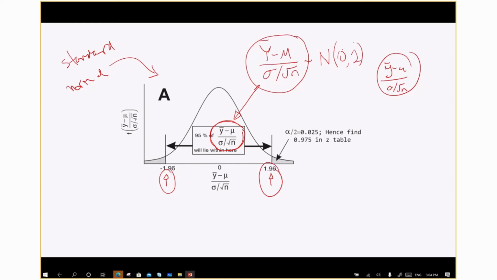And just as a reminder, this is what we did on our Z table. We were interested in a 95% confidence interval, so we calculated 1 minus alpha over 2, and that enabled us to get that Z value of 1.96. So now we're going to do a little bit of algebra.